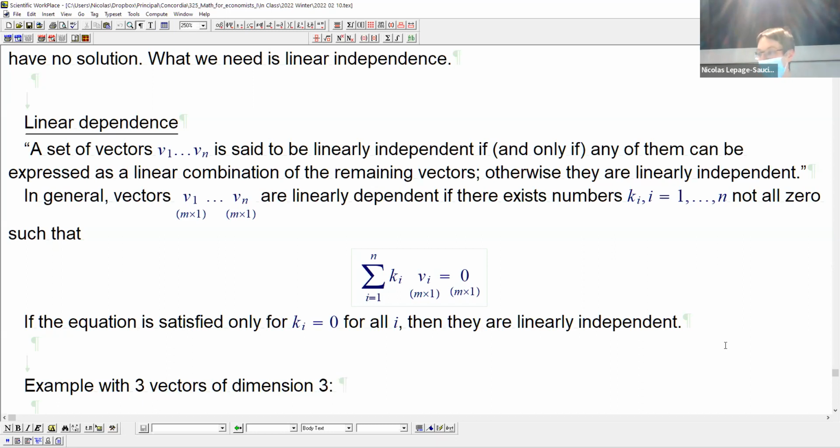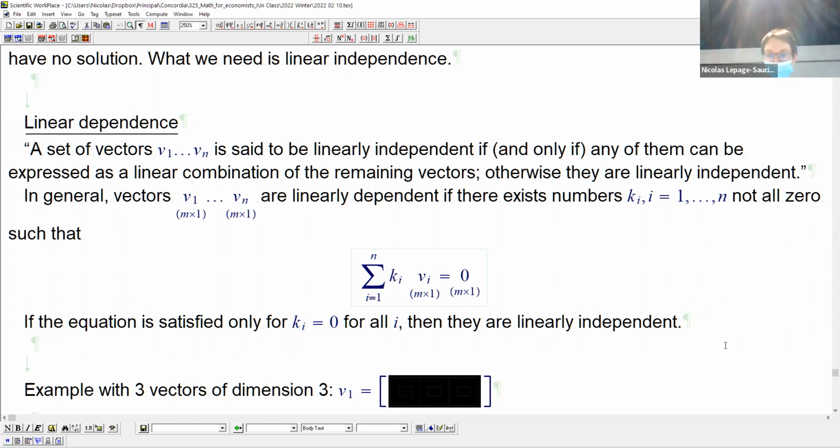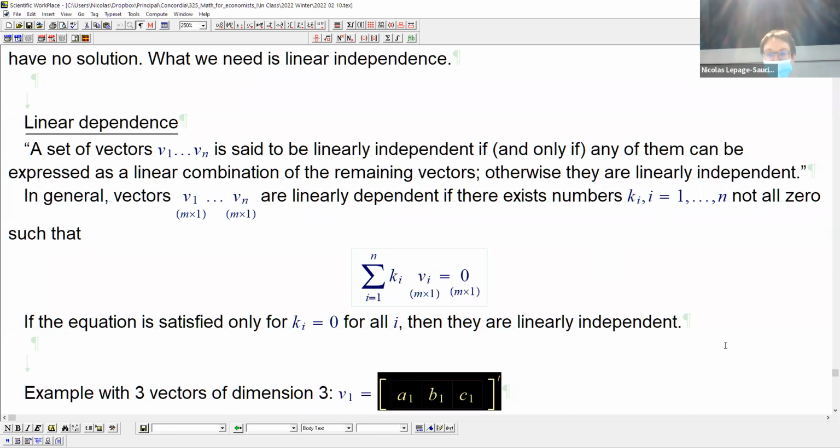So let's have V1. I'm just going to write them horizontally, but use a transpose: A1, B1, C1, transpose.